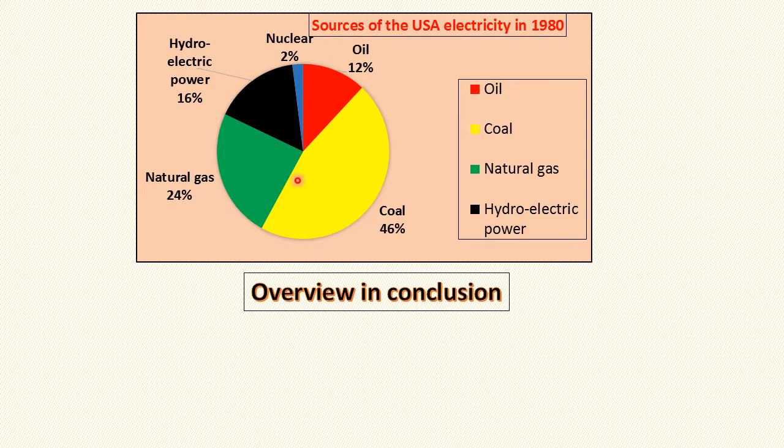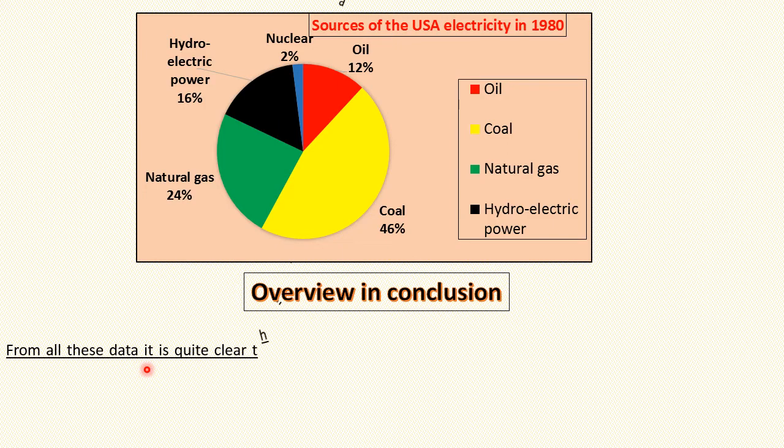These two things made a contribution of almost 3/4, and three resources together made a contribution of only 1/4. So we can write the overview in conclusion in this way.